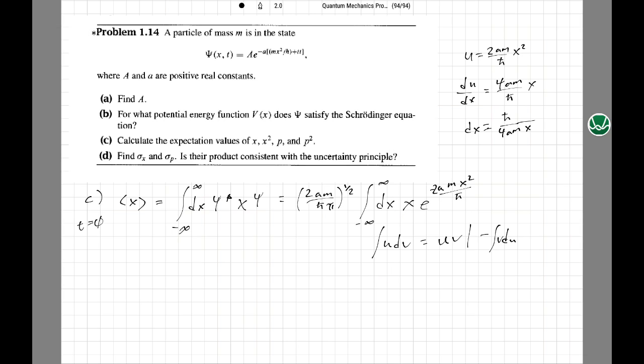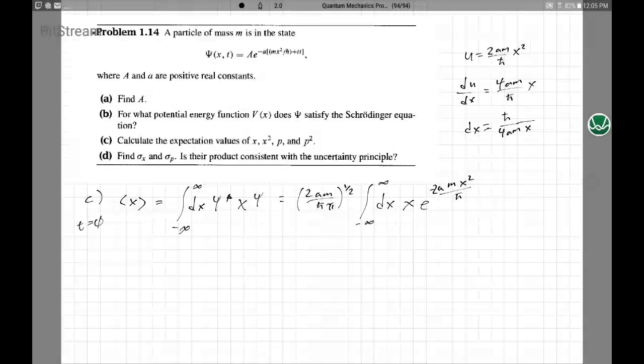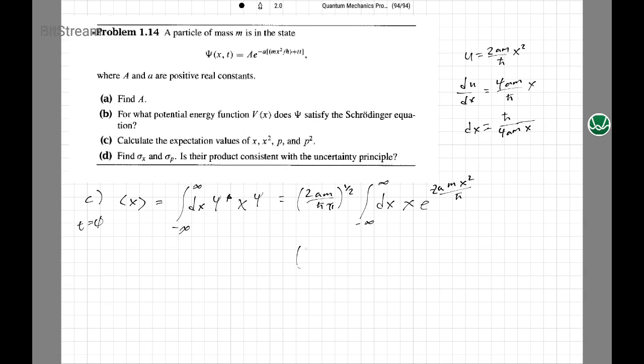So now my integral is just going to be dependent on x. But here's where we get into a little bit of a thing.